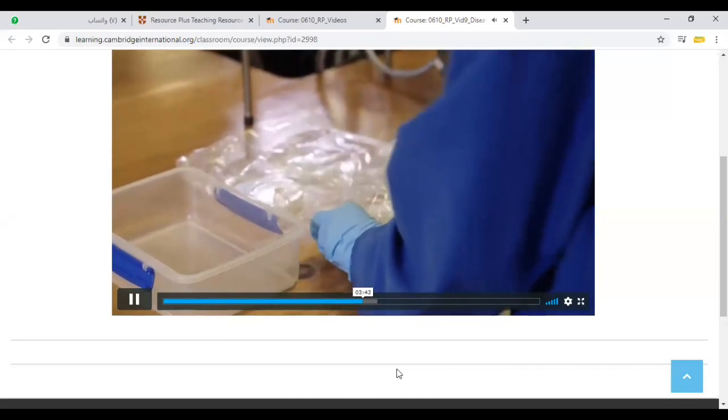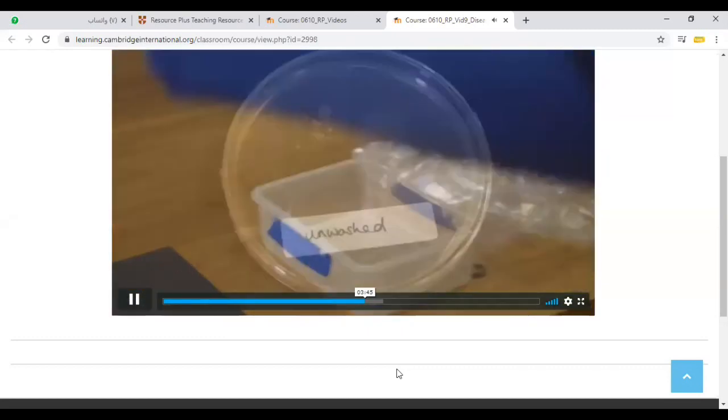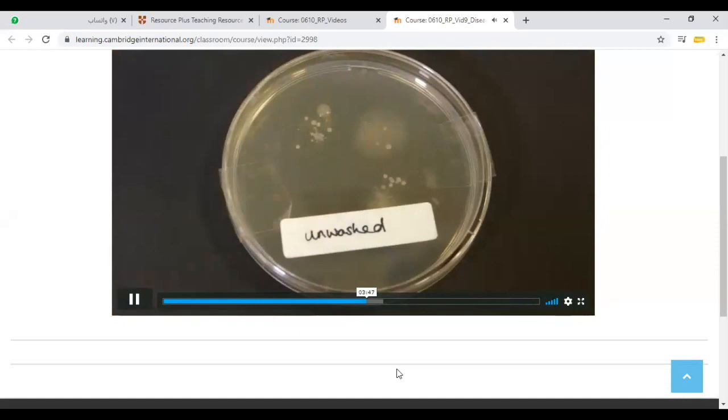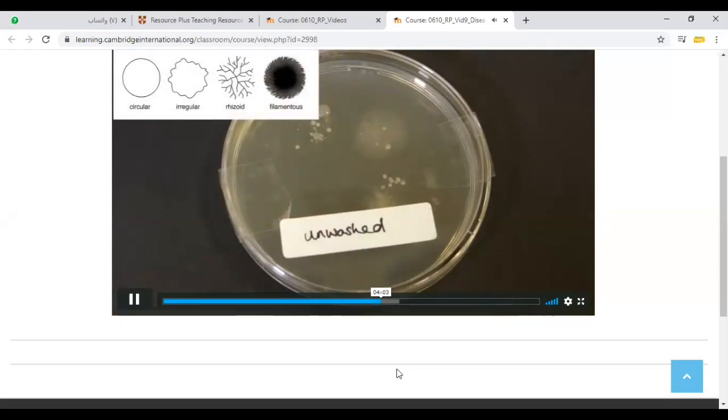Hands should then be washed thoroughly with soap. The number of colonies are counted through the lid. The lid should not be removed as the inside of the Petri dishes are a biohazard. Each bacterial colony that is counted should be separate and have a defined edge. For example, these are some of the common shapes of bacterial colonies.